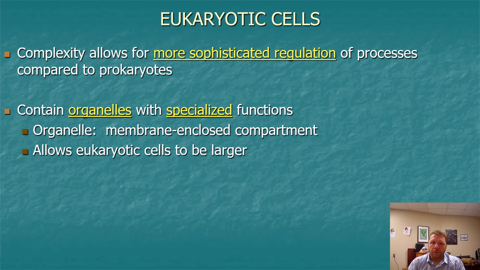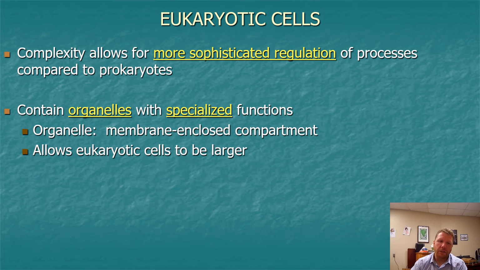So eukaryotic cells, on the other hand, are a bit different because they're more complicated. They're more complex because, well, the most important thing is that they have membrane-bound organelles within their insides. This complexity allows for a very unique regulation.